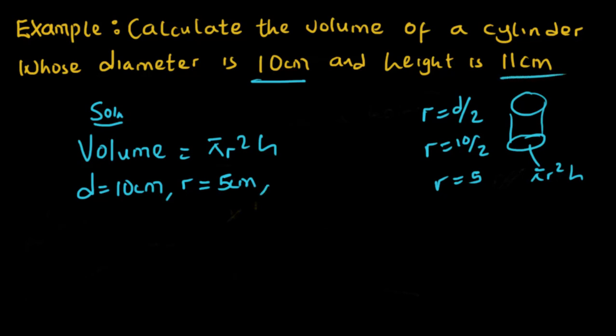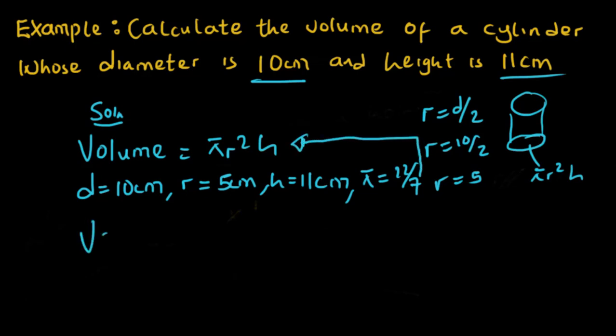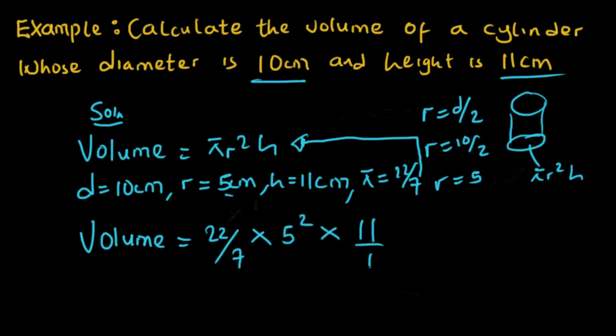And then we are told that the height is 11 centimeter. Now, we're not told to take pi as anything, so we can decide to take pi as 22 over 7. Now, we've got to slot this into the formula. Then we have volume equals 22 over 7 times the radius 5 squared times the height 11. So we have volume equals 22 over 7 times 5 squared, which is 5 times 5, 25, times 11.